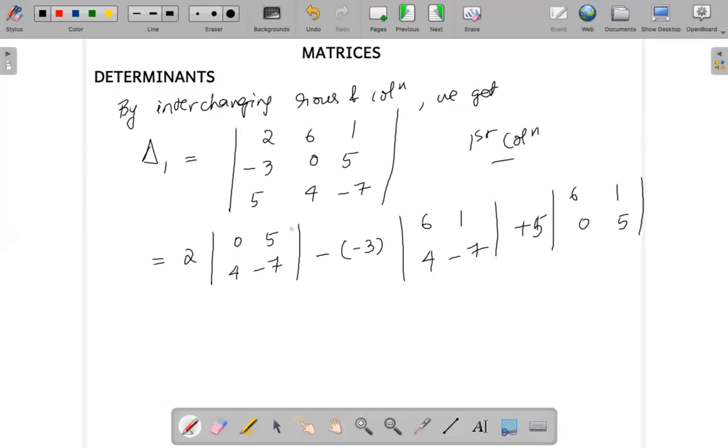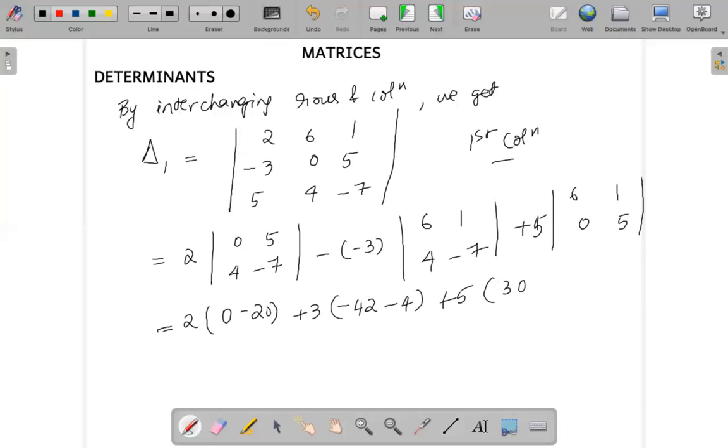Okay. So on further simplifying it, this will be 0, minus 20, plus 3, and this is minus 42 minus 4 plus 5.